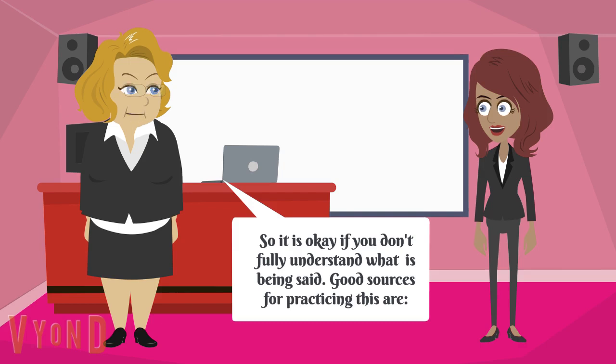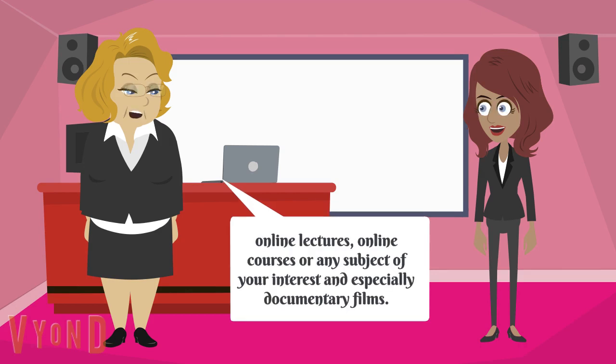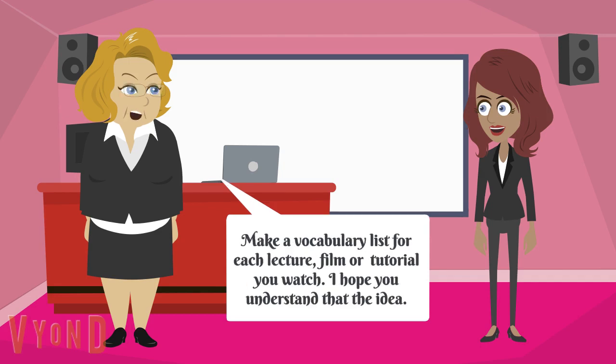Good sources for practicing this are online lectures, online courses, or any subject of your interest, and especially documentary films. Make a vocabulary list for each lecture, film, or tutorial you watch. I hope you understand the idea.